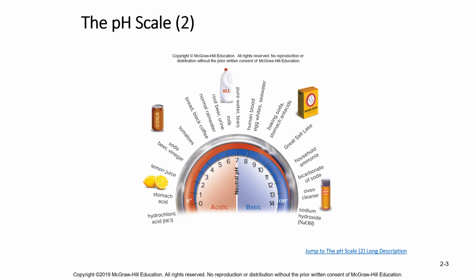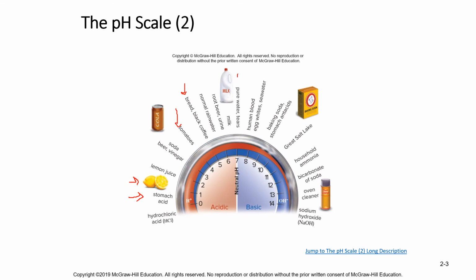You need to also know some examples. So lemon juice and stomach acid are very acidic. Tomatoes and coffee are somewhat acidic.